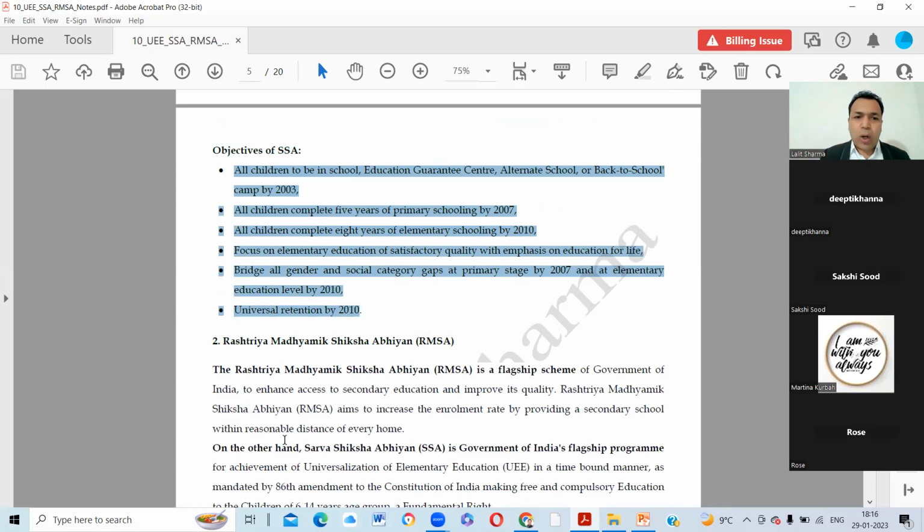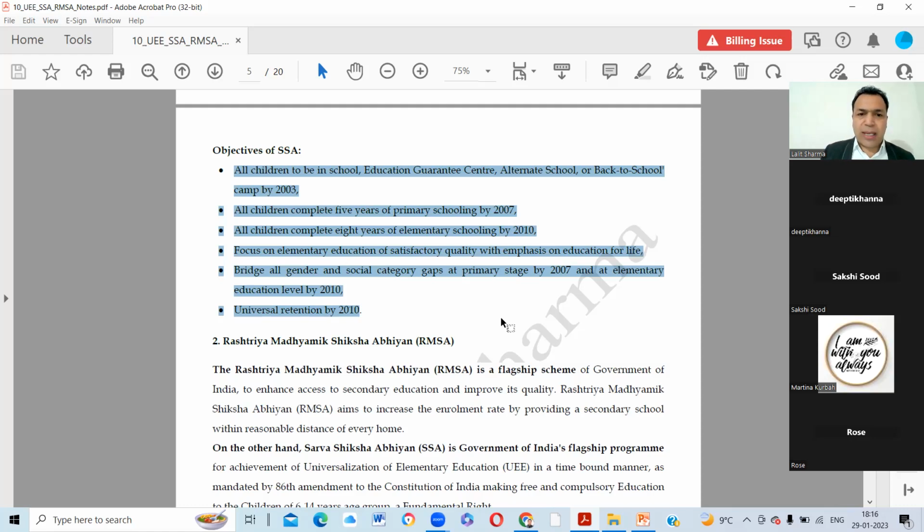Second, all children complete 5 years of primary schooling by 2007, because it started in 2002. And all children will complete 8 years of elementary schooling by 2010.